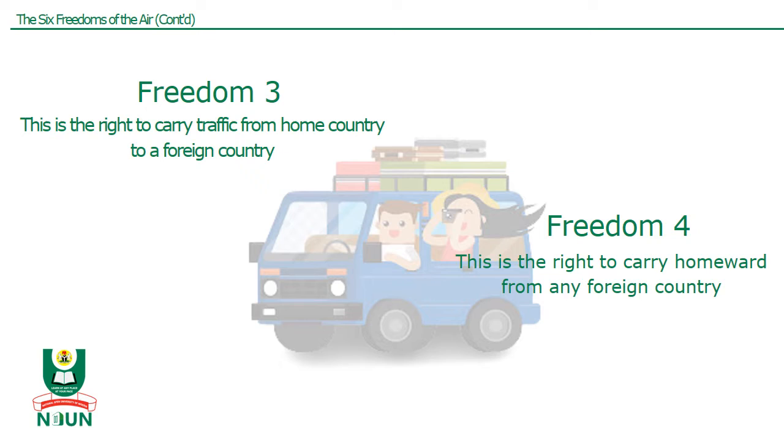At the same time, they have the freedom to carry traffic from the home country to a foreign country. And the fourth one, they have the right to carry traffic homeward from any foreign country.